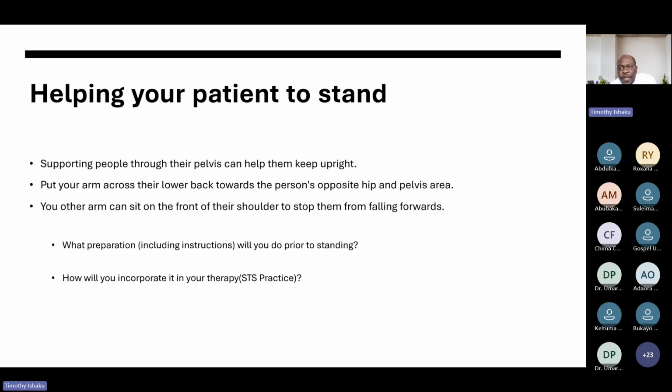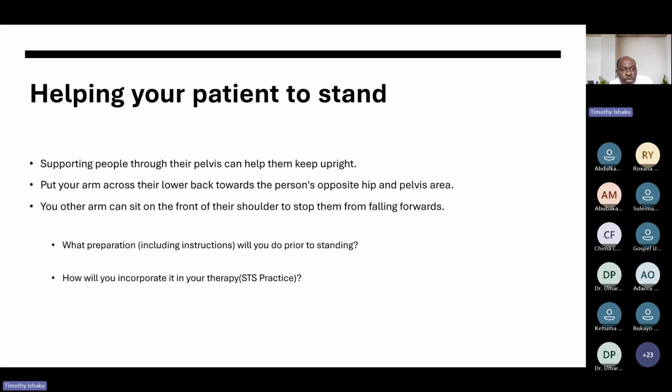Okay, back. So when our patients are on the floor, the first thing is whether they can stand up by themselves. If they cannot stand up by themselves, then it is a question of how we can help them to stand up.